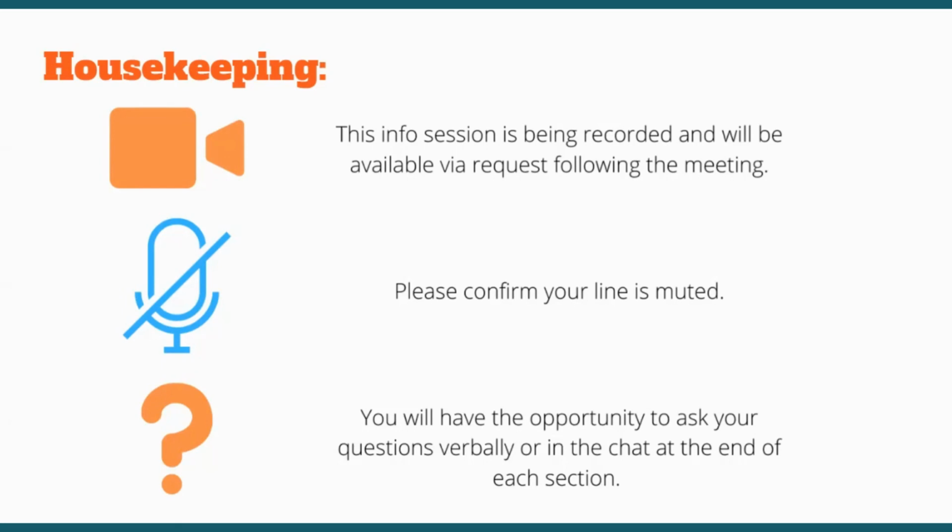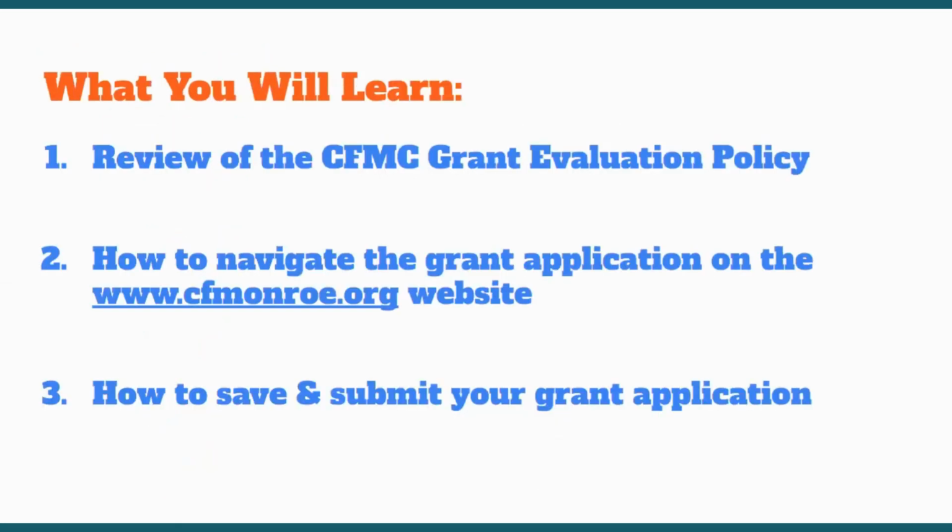Bumping into what those sections will look like. The first section is the Community Foundation grant evaluation policy. It's really helpful to know before you're applying what we look for in projects, what we fund or what we don't fund. Then we'll jump into navigating the application itself.